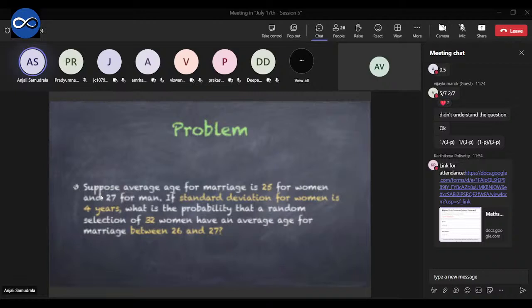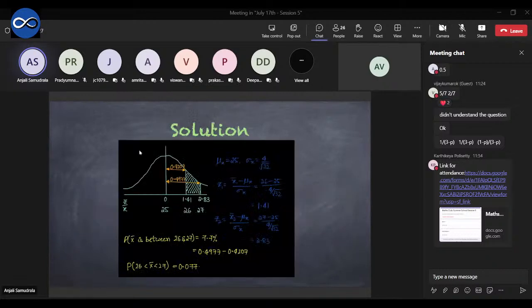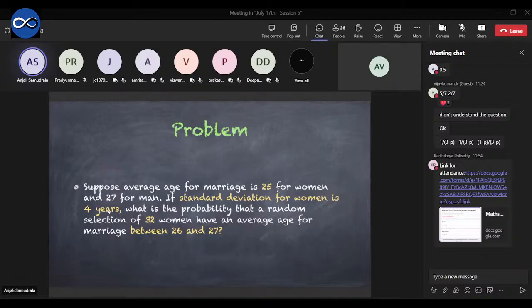We have written the same here, 0.4977 for x equal to 27, and the probability for x between 26 and 27 is the subtraction of these two probabilities, that is 0.4977 minus 0.4207. So the probability for an average age for marriage between 26 and 27 is 0.077.